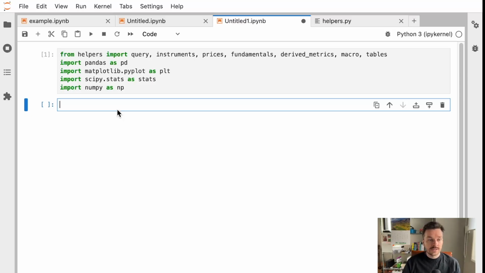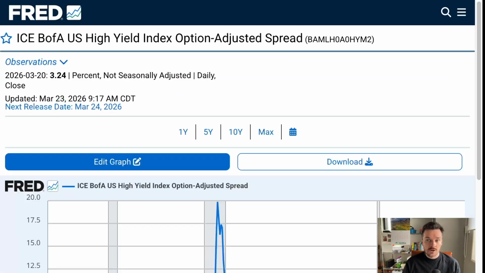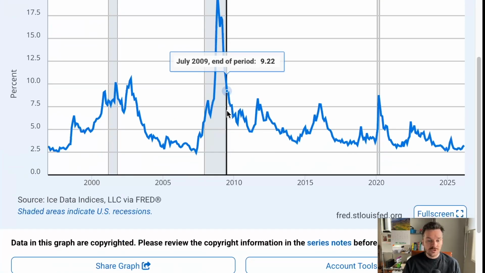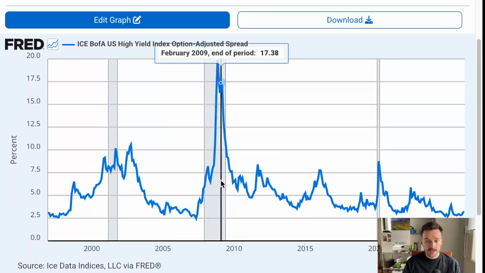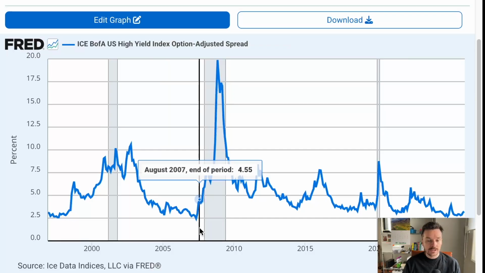We're going to be using some macro financial data, something called the HYOAS, the high yield option adjusted spread. This just calculates the difference in yields from more junk bonds or more risky bonds versus U.S. Treasuries.